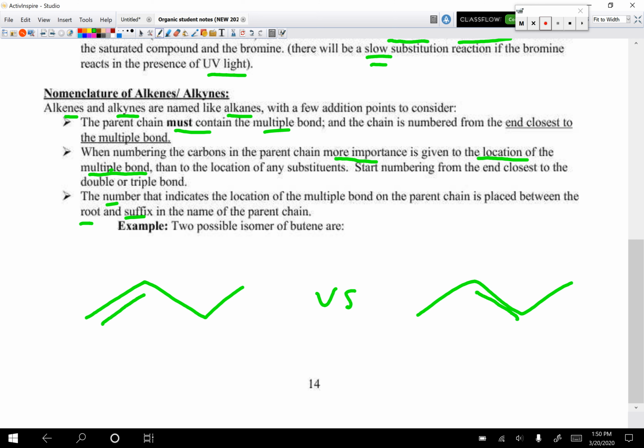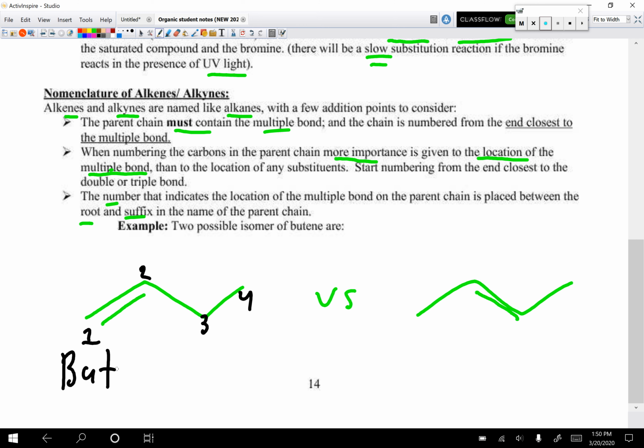All right, now if we follow our rules, we start numbering the carbon closest to the end with the multiple bond. So that means carbon 1, carbon 2, carbon 3, and carbon 4. Now we will notice in our first one, the one farthest to the left, that the multiple bond starts on carbon 1. So therefore, the root is but.